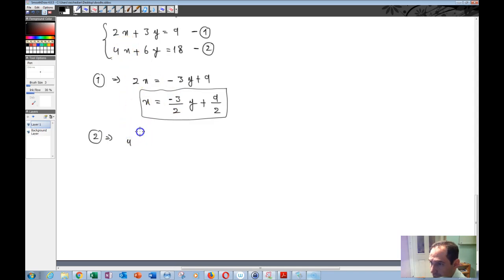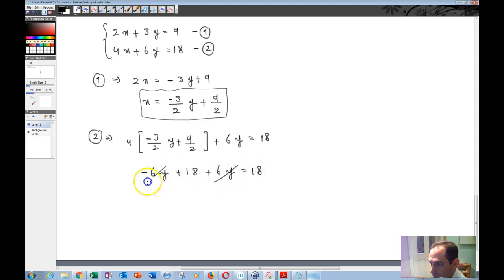So 4 times negative 3 half y plus 9 by 2 plus 6y is equal to 18, and then that is negative 6y plus 18 plus 6y is equal to 18, and you see these two will cancel out and you will get 18 is equal to 18, which is of course true.